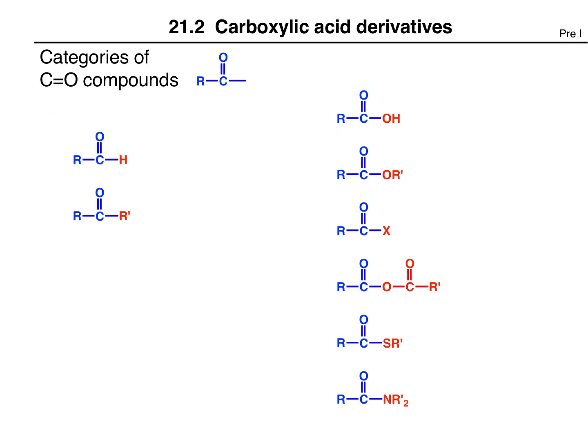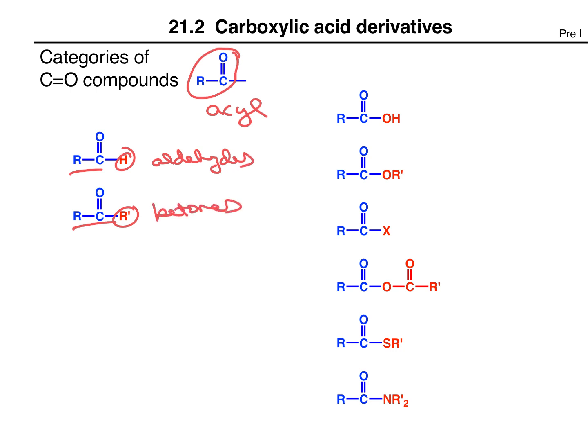So let's take a moment to review the different categories of carbonyl containing compounds. When we have an acyl group, the carbonyl and the R group to which it's connected, in general that is called an acyl group. If that acyl group is connected to a hydrogen or to another carbon, then we have aldehydes and ketones. And these are in their own category.